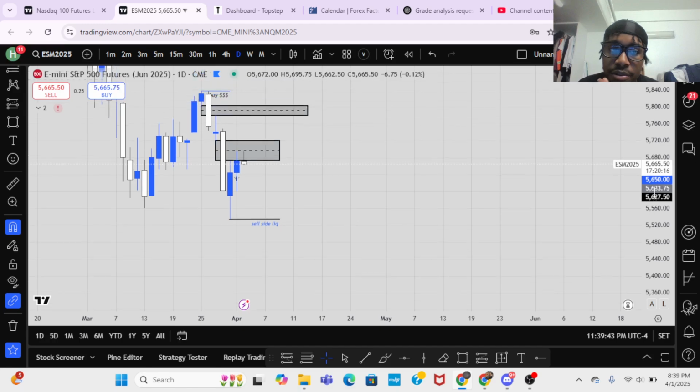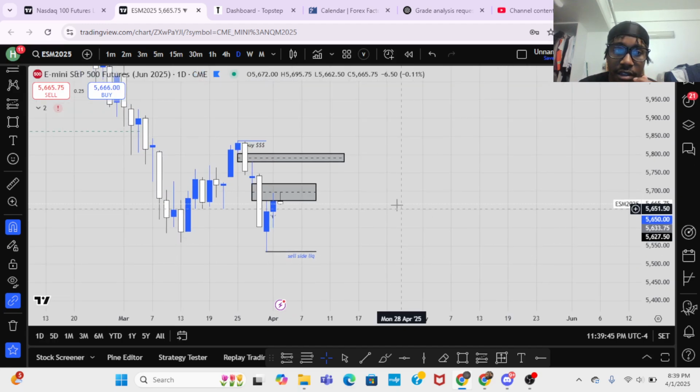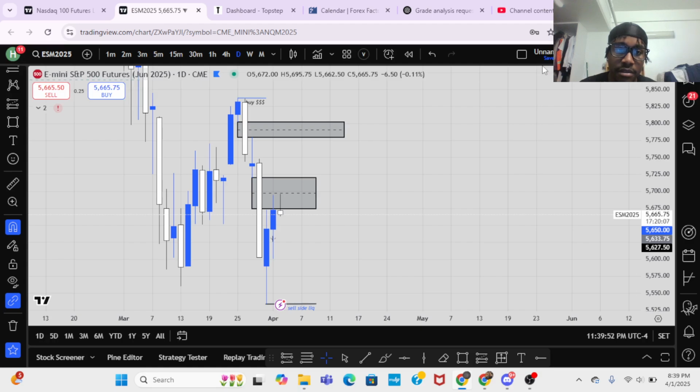My favorite thing to put together with liquidity is fair value gaps, because price is always going to draw towards these imbalances eventually, you know what I'm saying? So if we continue on this bullish order flow and we inverse this daily imbalance, then my draw will most likely be to this imbalance, up to here, maybe up to here, but definitely up to this imbalance if we start getting some momentum and look to inverse this.